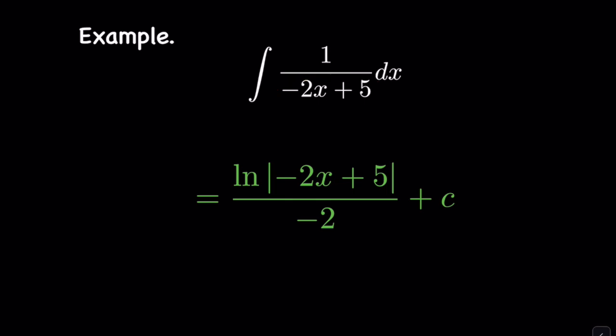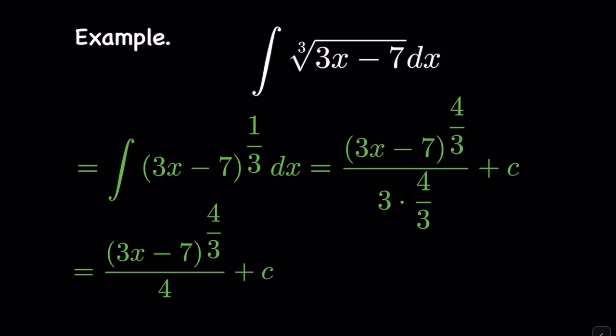The integral of 1 over u is natural log of absolute value of u, and so the integral of 1 over minus 2x plus 5 is going to be natural log of absolute value of minus 2x plus 5, but we remember to divide by the coefficient of x in your linear term, which is minus 2. And you can add any constant. So you see, I can directly write down the antiderivative without doing a formal substitution.